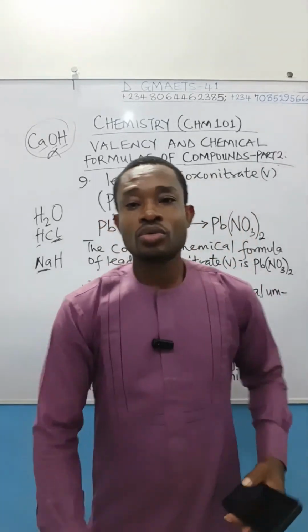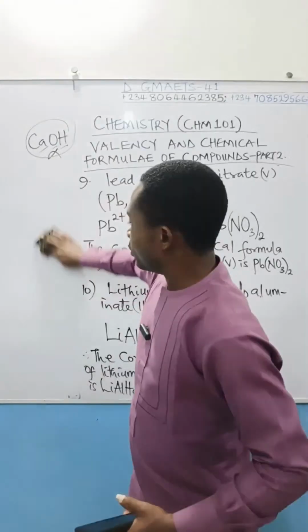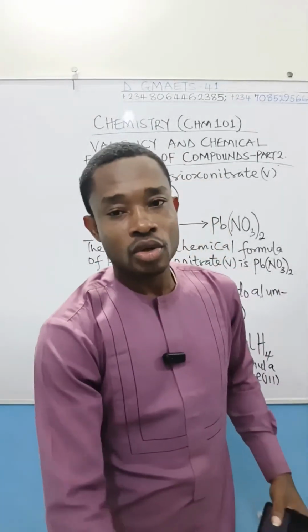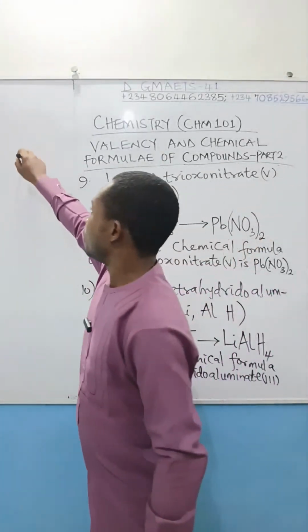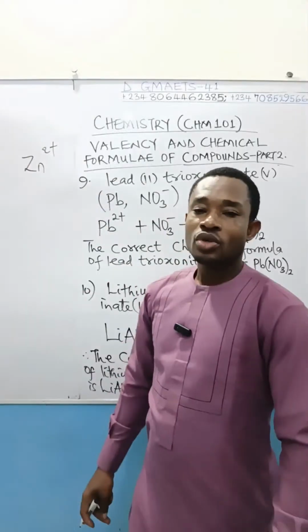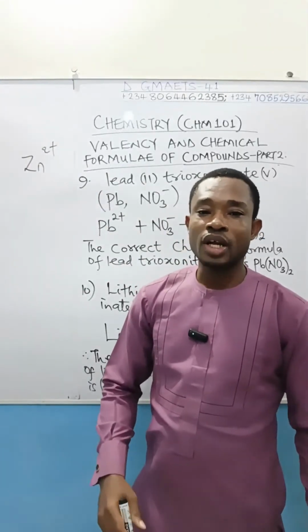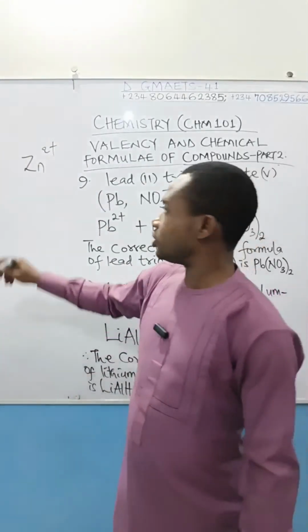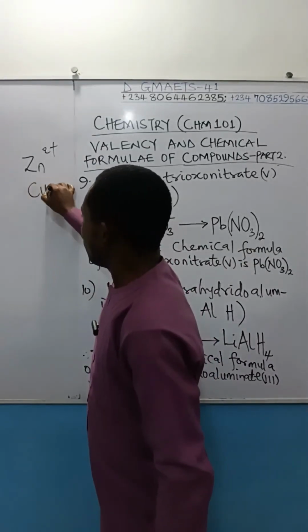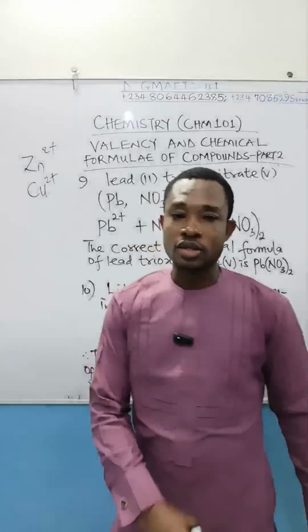How about you write the correct chemical formula of the compound zinc tetraoxosulphate 6? The valency of zinc is 2+. How about you write the correct chemical formula of copper tetraoxosulphate 6? The valency of copper is 2+.